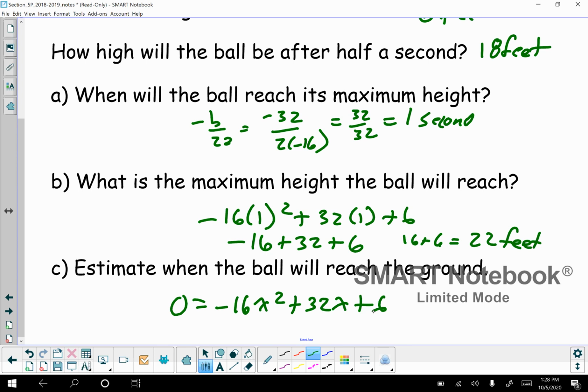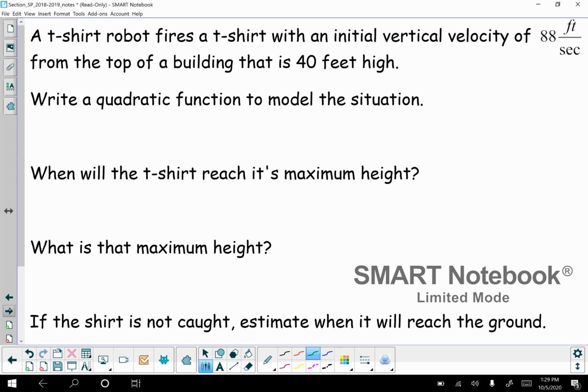So we're going to go second, calculate a 0. So it looks like after the ball has been in the air for 2.17 seconds, it's going to hit the ground. And again, we can do this in class, so make sure we're asking about it.